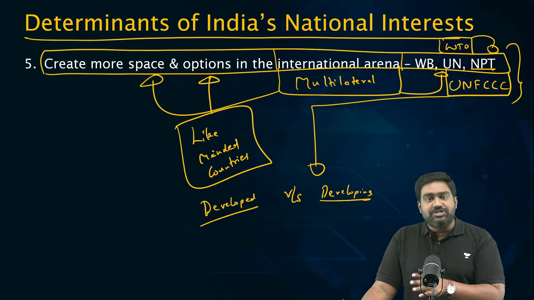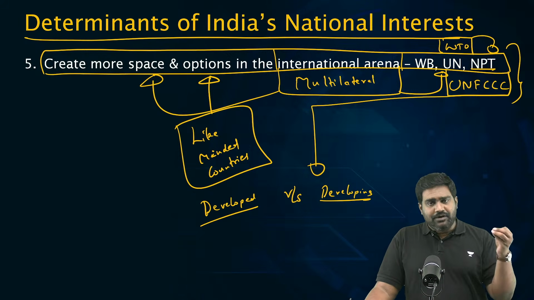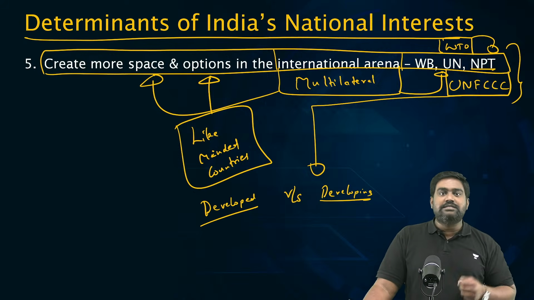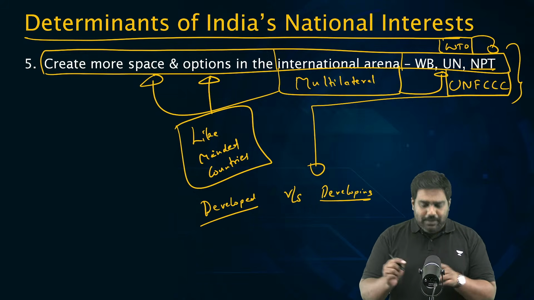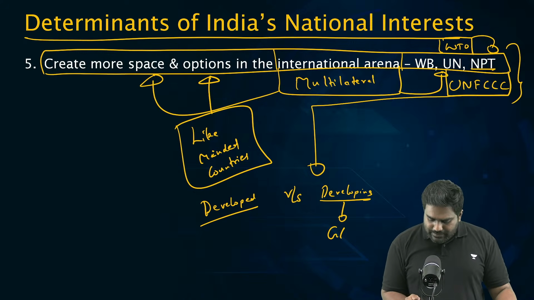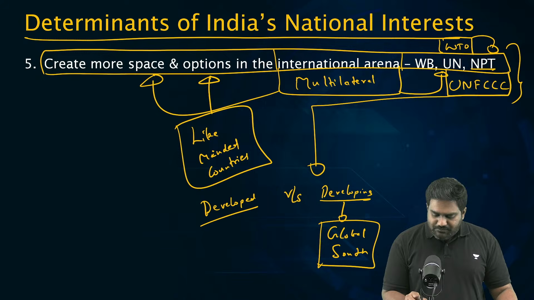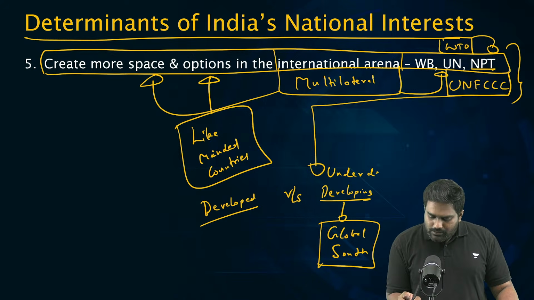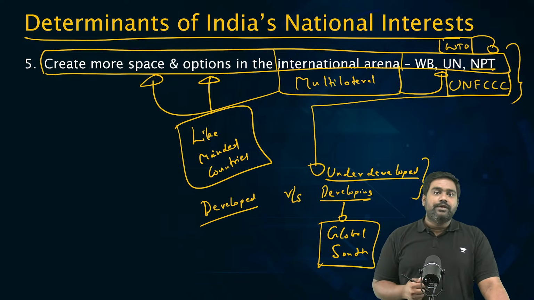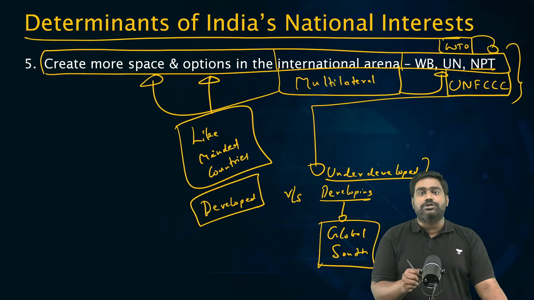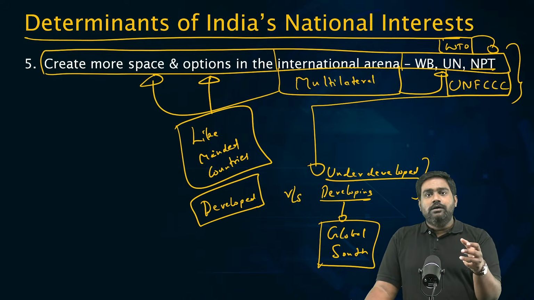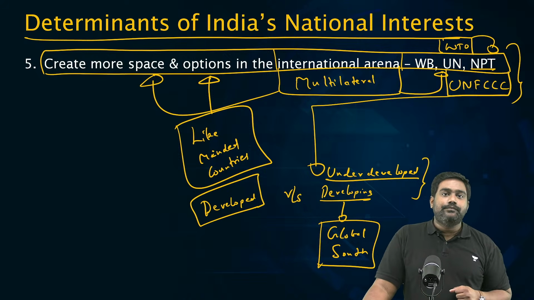Ever since the Climate Change Convention began in the early 1990s after the Rio Earth Summit, India has been siding with developing countries, underdeveloped countries that represent the global south. We have been working with the global south to provide a voice, to provide a representation to them, so that developed nations, which are responsible for historical emissions, are held accountable for their historical responsibilities.